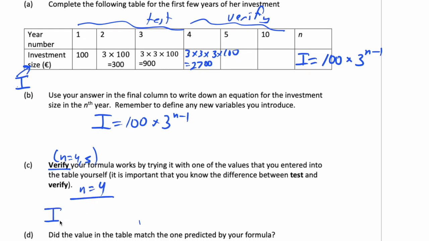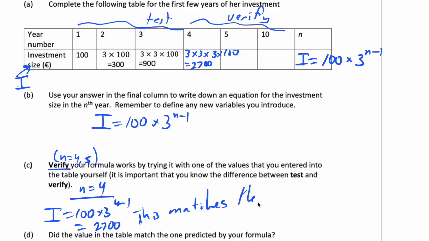Then by the rule we have 100 times 3 to the power 4 minus 1, which does equal 2700. This matches the table. So the rule is correct.